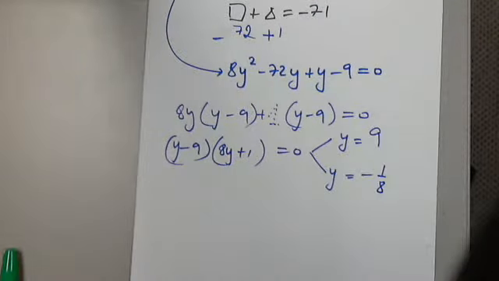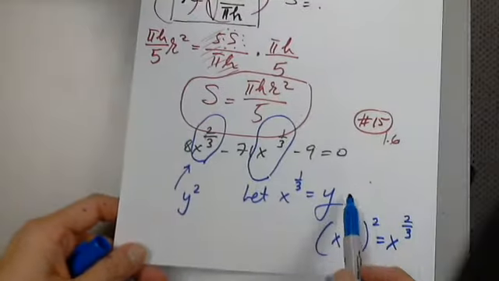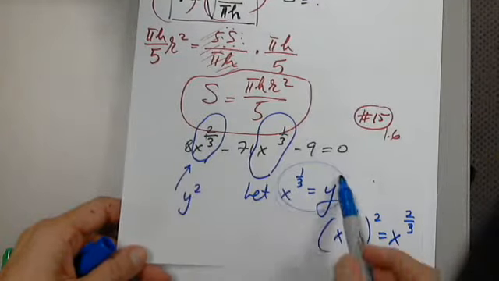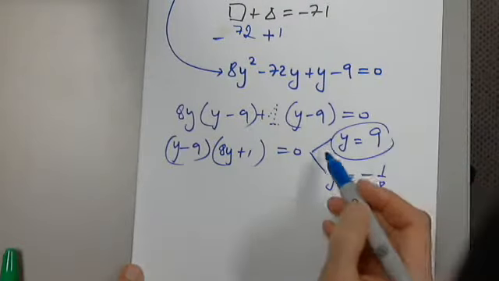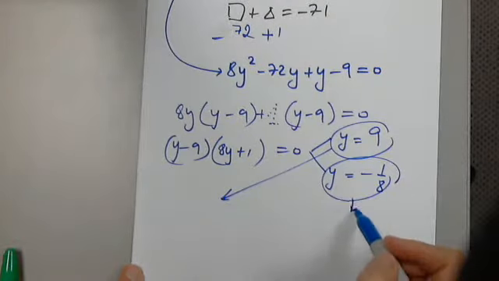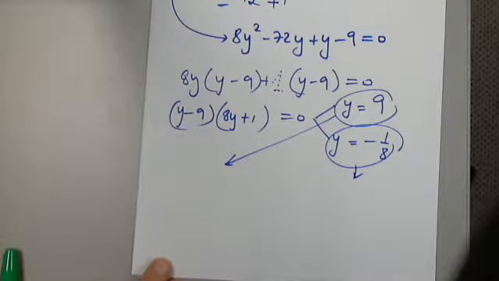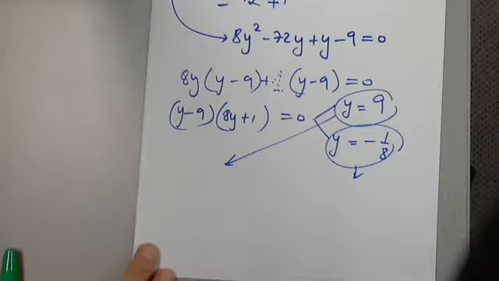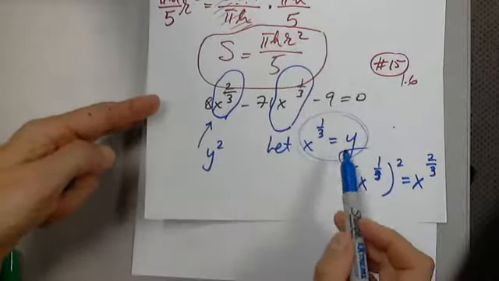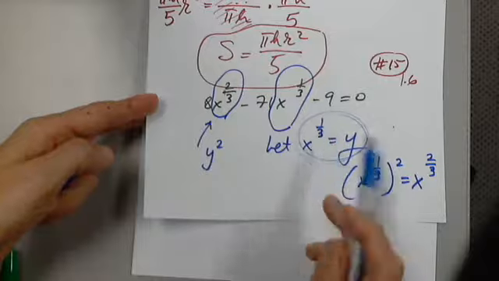Now I have to go back to the original equation. And I realize that I have two equations to write. So this is what equation and this is what? Y represents x to 1/3.